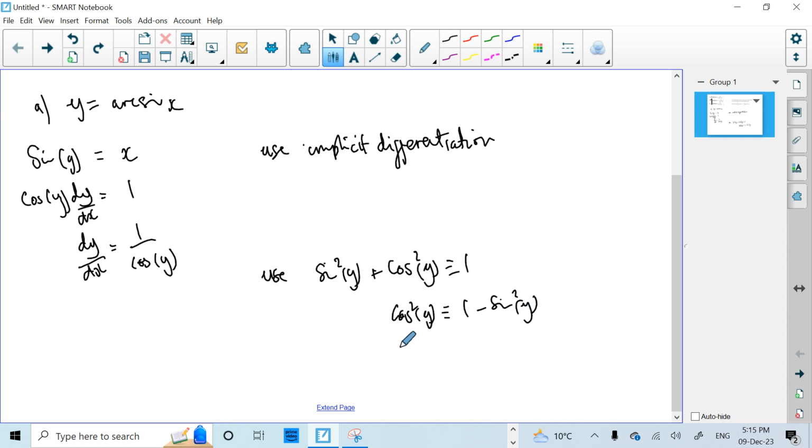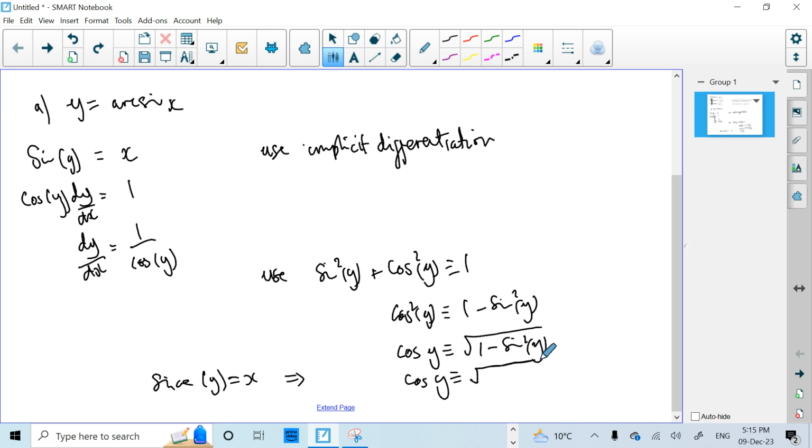Just a bit of algebraic manipulation. We want cos y, because that's in our denominator, so cos y is equal to the root of 1 minus sine squared y. Well, that helps us how? Since sine y is equal to x, the cos of y will be identically equal to, and here's the key, we just substitute x for sine y, so it's the root of 1 minus x squared.